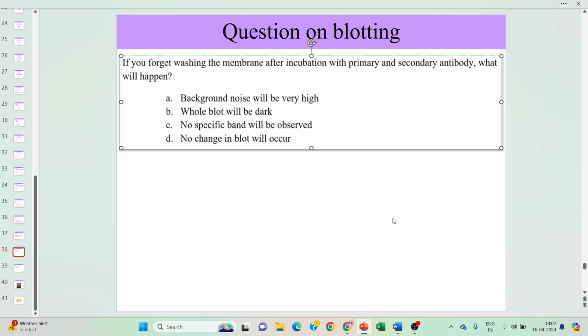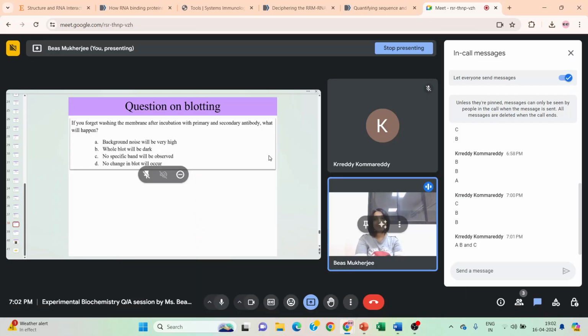Okay, so now there is the last question, which is: if you forget washing the membrane after incubation with primary and secondary antibody, what will happen? If you forget to wash, then what is going to happen?